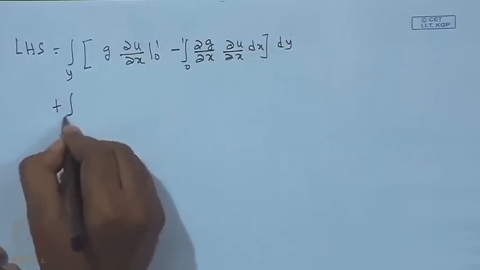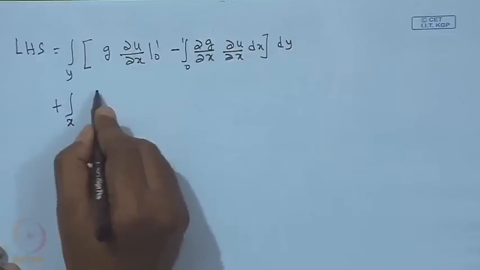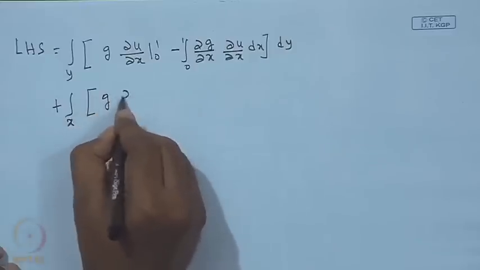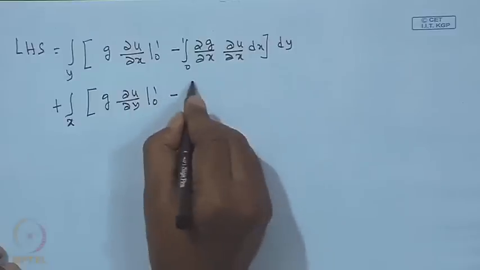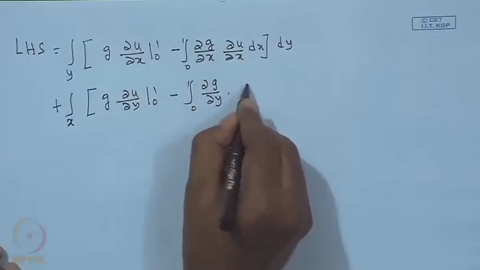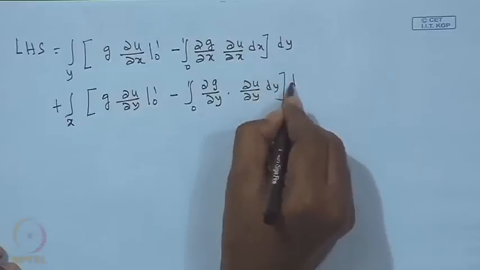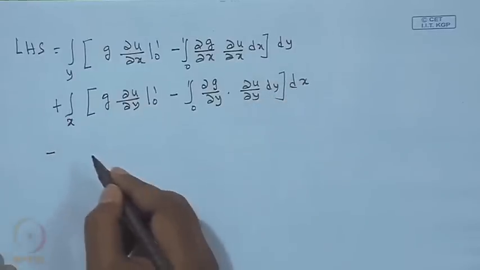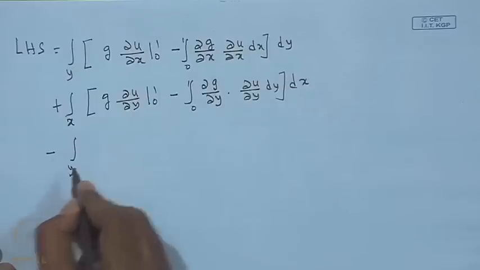Second term will be integration over y first. So, we put the integration of x later on. So, it will be g del u del y from 0 to 1 minus integral 0 to 1 del g del y del u del y dy, and at the end it will be having dx, minus the third integral, that is over x first. So, y remains same.